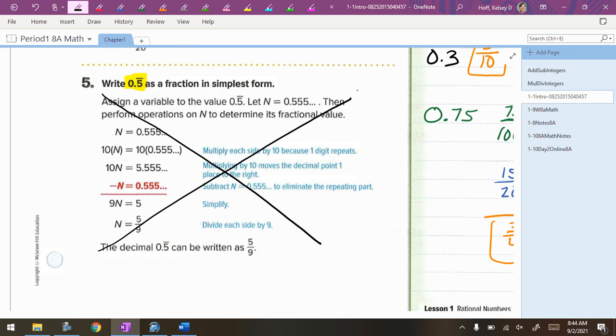It's not going to be a 10 or a 100 in your denominator. It's going to be 9 or 99 or 999. So the number that repeats is our numerator. So 5 is going to go in the top. And every single number in the numerator needs a 9 right below it. So we need to put a 9 right below it. Can you reduce 5 9ths?